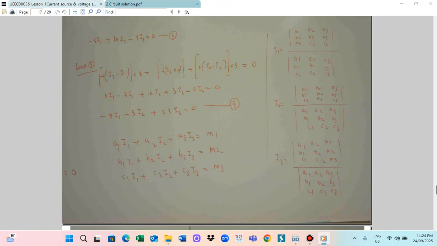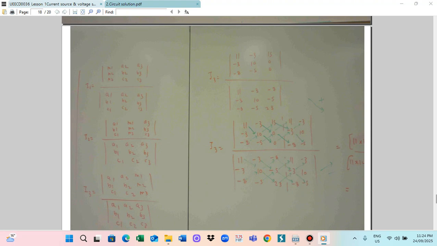In this case, A1 is 11, B1 is minus 3, and C1 is minus 8.